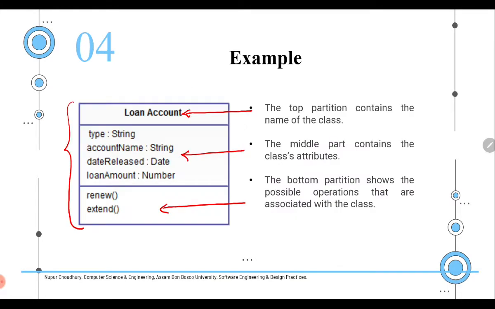So if we look at the previous example, these are the 4 attributes, and suppose we want to keep the account type to be a public type of attribute. So other classes can have a look at the account type. However, account name should be private. Date released, let's say it should be a protected type.